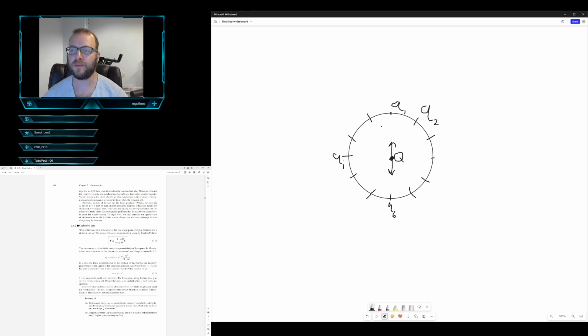So that means that the total net force is going to be equal to 0. It's going to be a 0 vector. Because remember, the force is a vector.